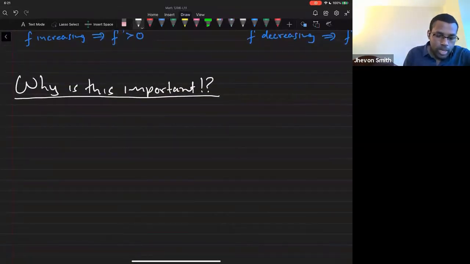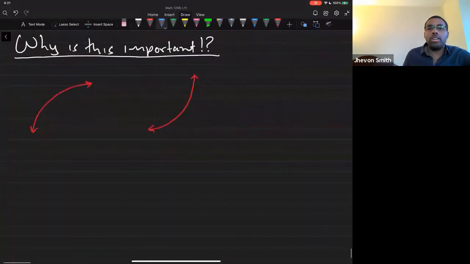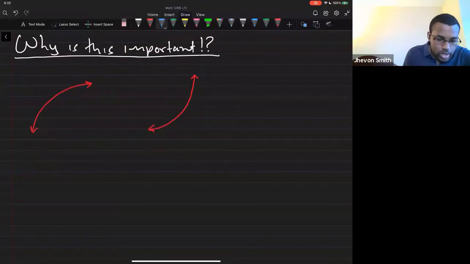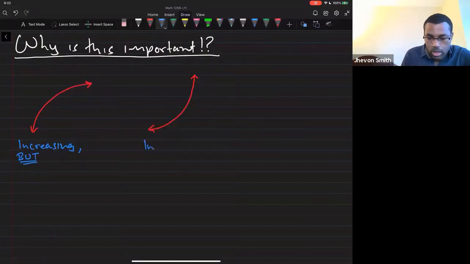When you're doing something like this, versus something like this, notice that this doesn't just tell you about what's increasing. They're both increasing, right? This one is increasing and that is increasing.